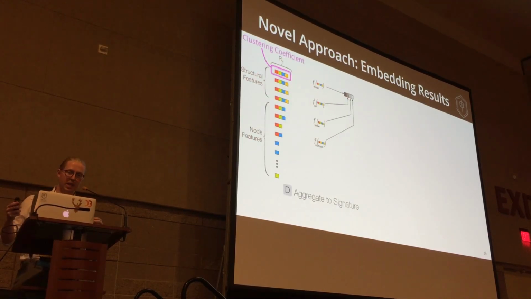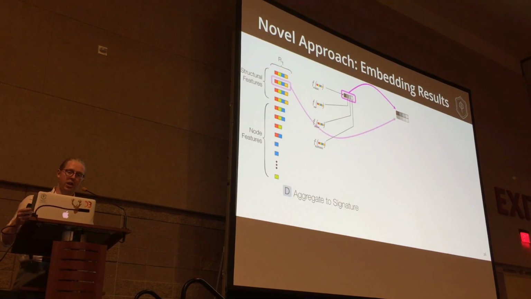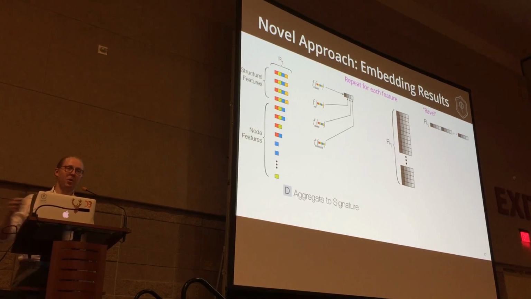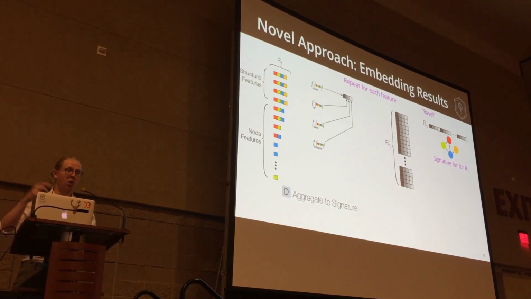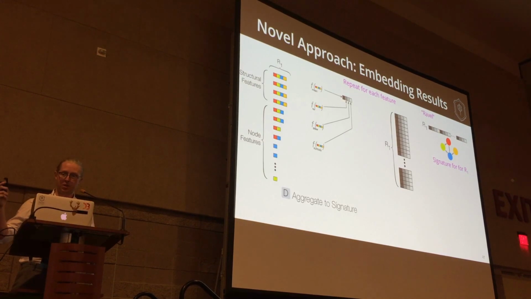And so then we'll take that clustering coefficient subvector, run it through some moment generating functions that will make it a fixed length. And what we'll do is we'll aggregate all of those for each feature into a massive array here. And we'll ravel that array into a signature. And this signature now represents our first result and all of its features, except it's in a high dimensional space.